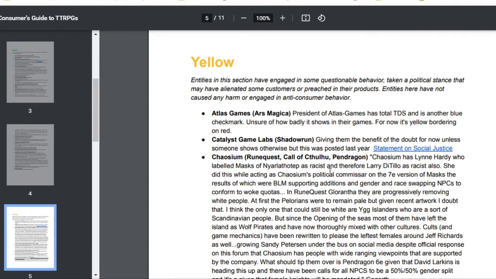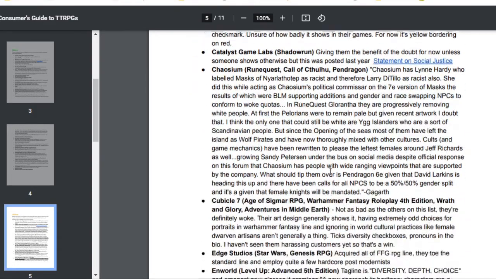Maybe they've taken a political stance that alienated some customers, or they might have preached a little bit on their products, where they're not trying to harm or do anything bad towards their consumers. They might have their beliefs, but they're not necessarily trying to push you out, if that makes sense.